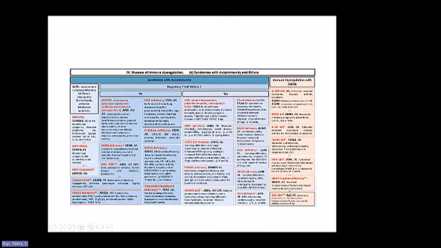IPEX is caused by FOXP3 defect, immune dysregulation, polyendocrinopathy, enteropathy, which is X-linked. Patients present with lots of diarrhea and early onset diabetes, along with infections. There can be high IgE, there can be high IgA, there is lack and impaired function of FOXP3 Tregs.